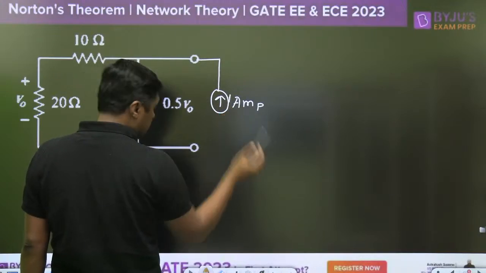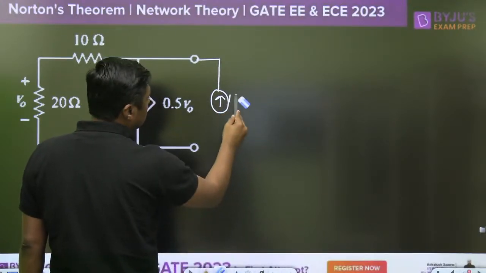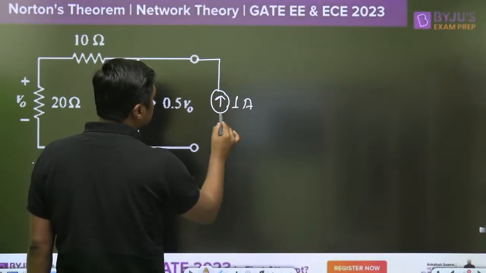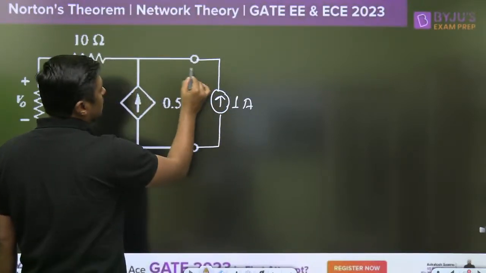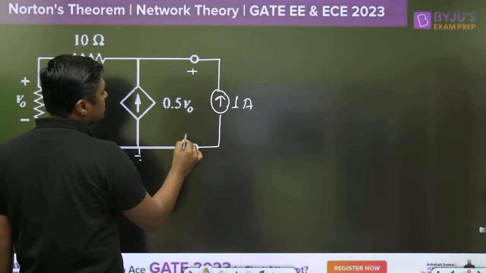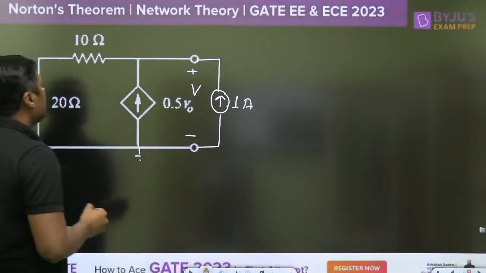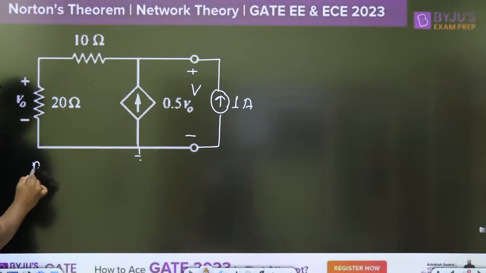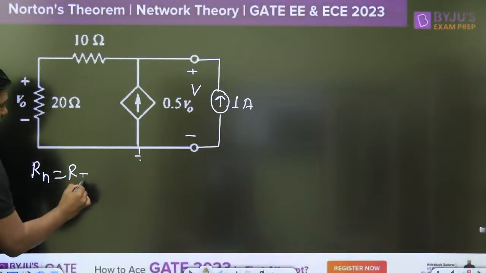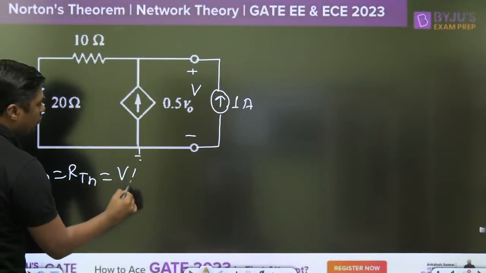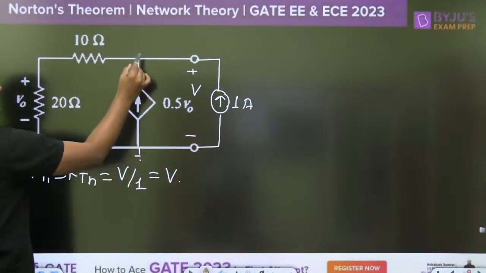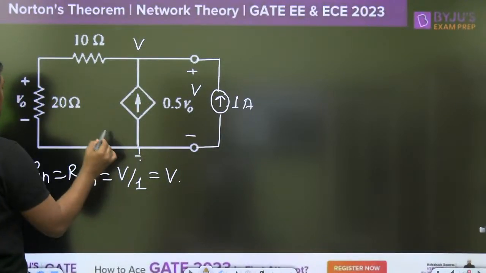Yes, it's up to you. Suppose I am applying a 1 ampere current source here. Watch this. You have to find the voltage at this point, V. If you are able to find V, then Rn or Rth will become V by 1, that is nothing but V. V is nothing but the voltage at this point.